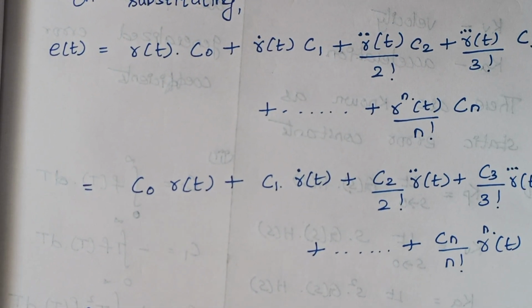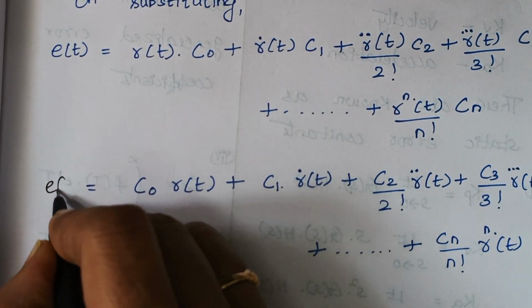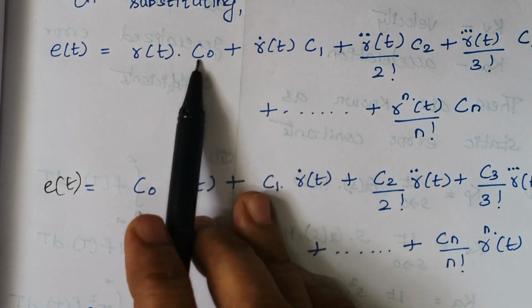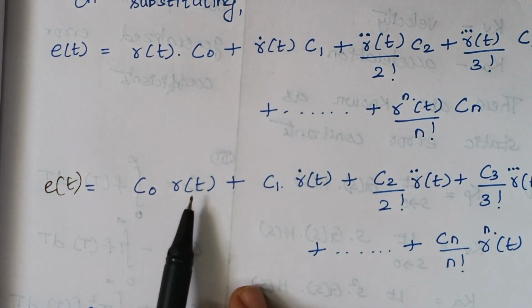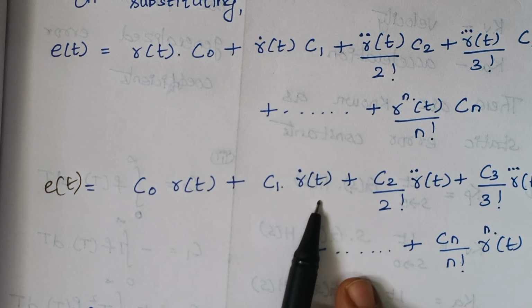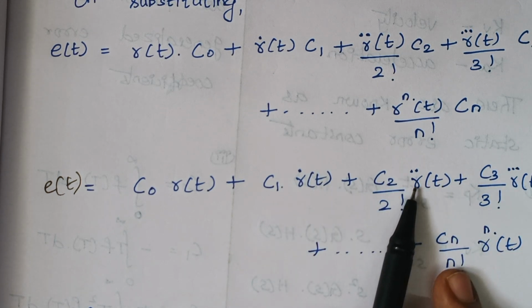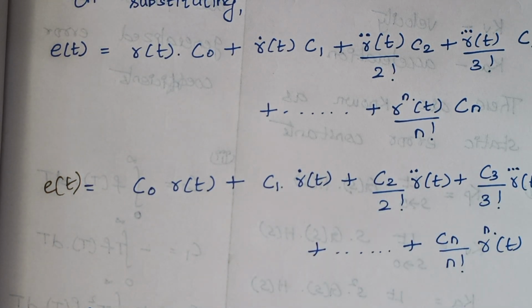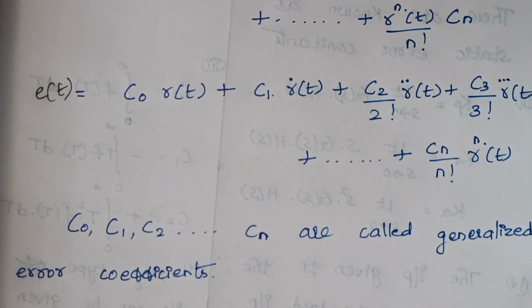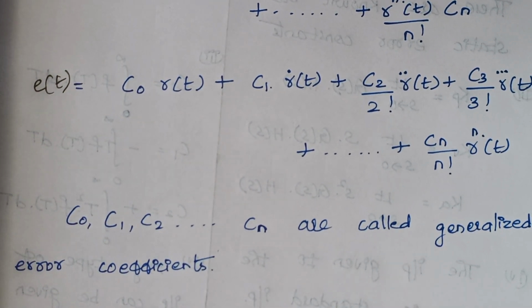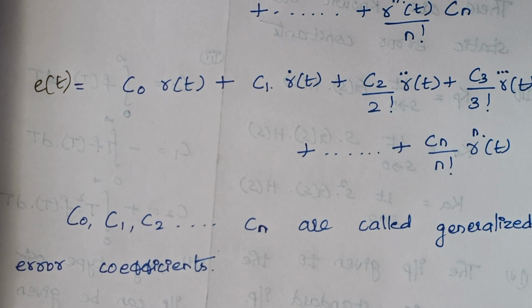I have rearranged it: E of t is equal to c0 r of t plus c1 r dot of t plus c2 by 2 factorial r double dot of t, and it goes on. So here we say that c0, c1, c2 up to cn are known as generalized error coefficients.